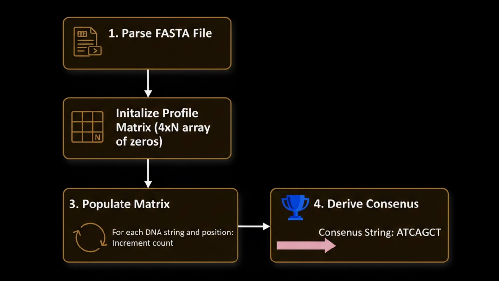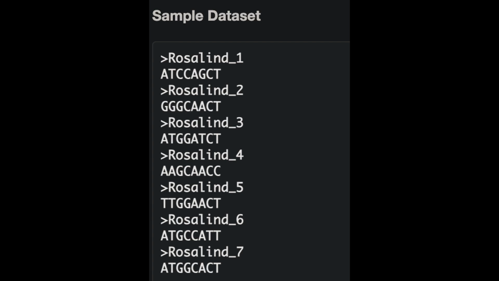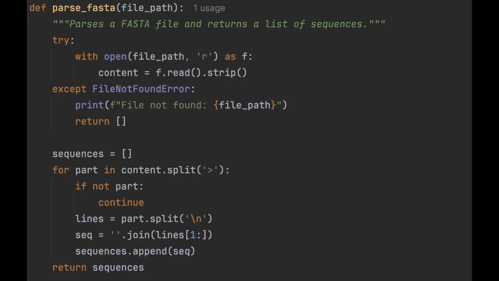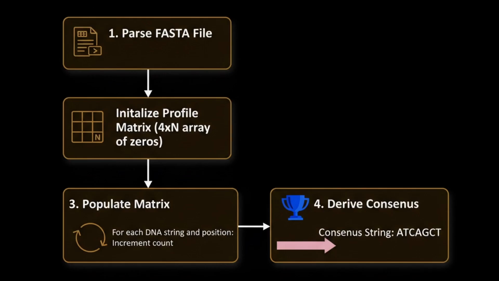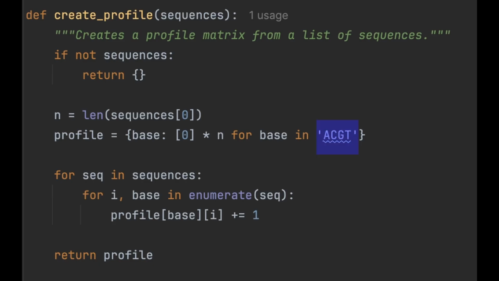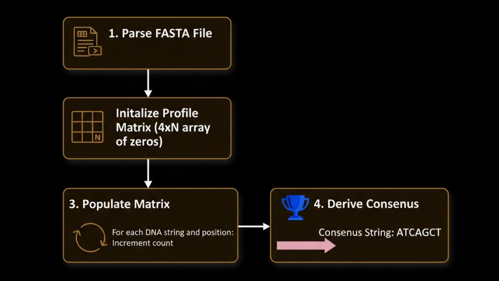Parse the data. Our input is in FASTA format, so we first need to read the file and extract only the DNA sequences, storing them in a list. Initialize the profile matrix. We need a place to store our counts. A dictionary where keys are A, C, G, T, and the values are lists of zeros works perfectly.